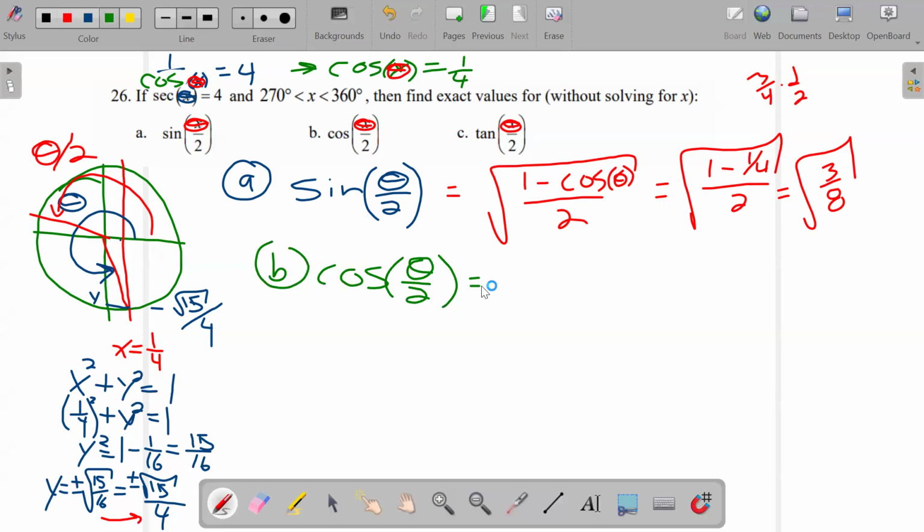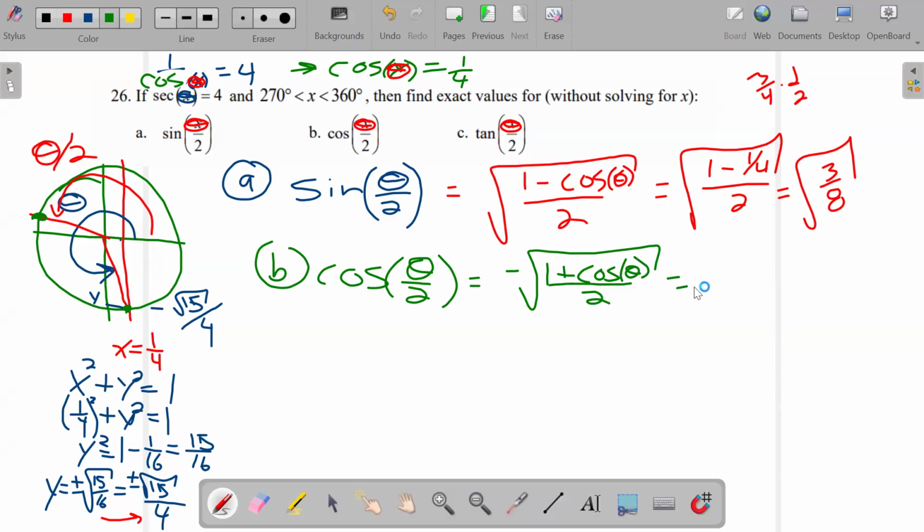And so look, again, theta is my big blue angle that put me here. If I cut that angle in half, I'm going to estimate that I'm about there. And the y value is positive there, but the x value is negative. So cosine of theta over 2 should have a negative value. So this should be negative square root of 1 plus the cosine of theta over 2.